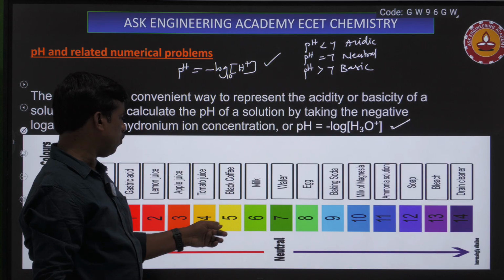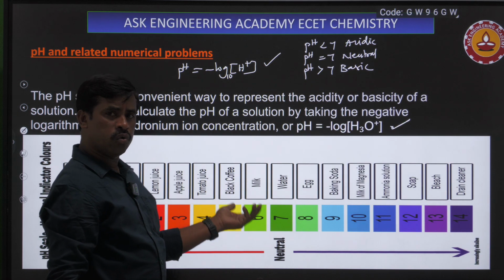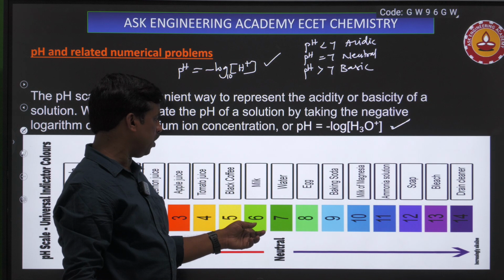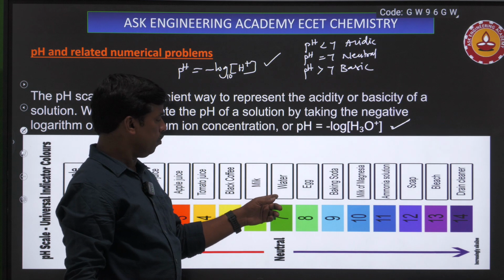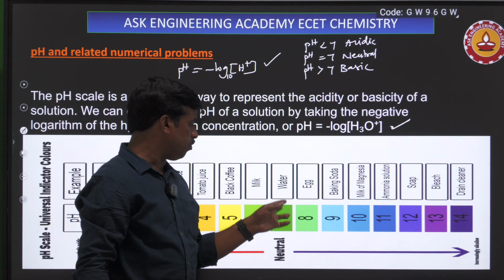tomato juice pH value 4, black coffee pH value 5, and milk also acts as acidic in nature, pH value 6, and water acts as neutral, it exhibits pH value 7.